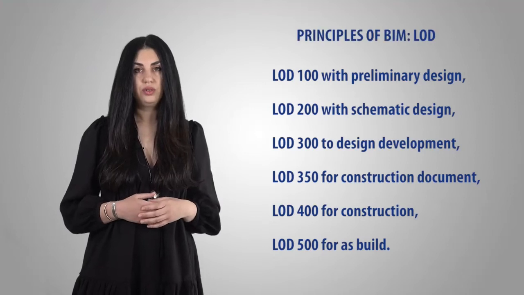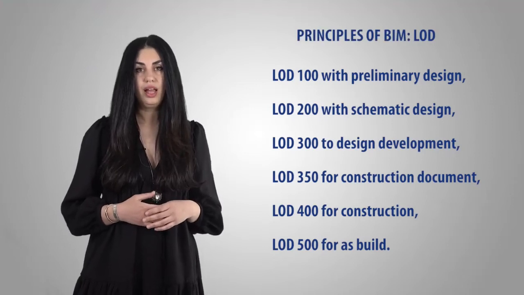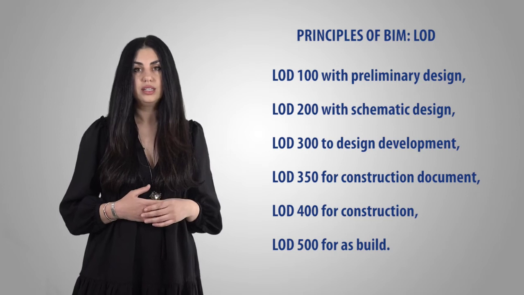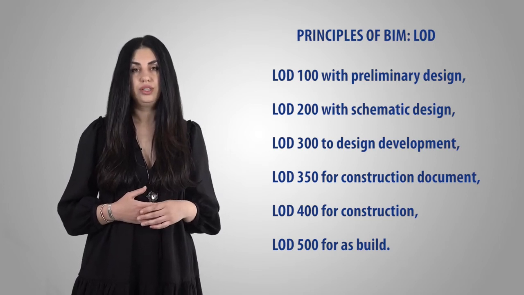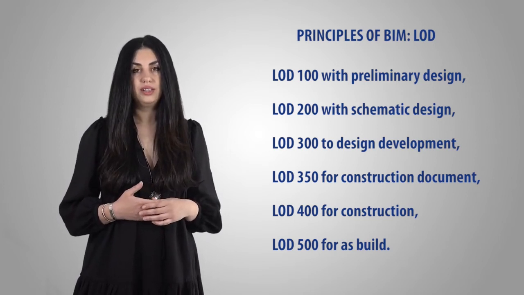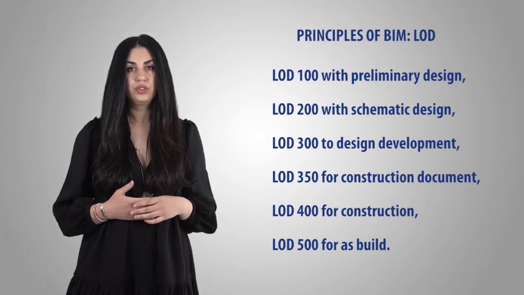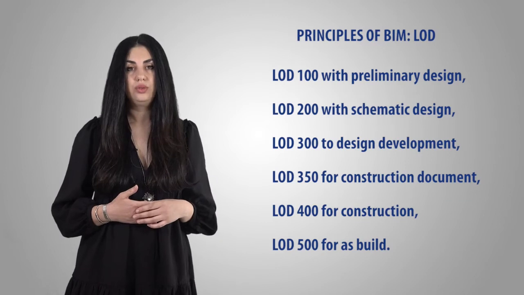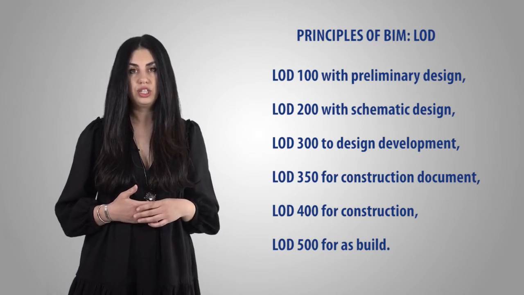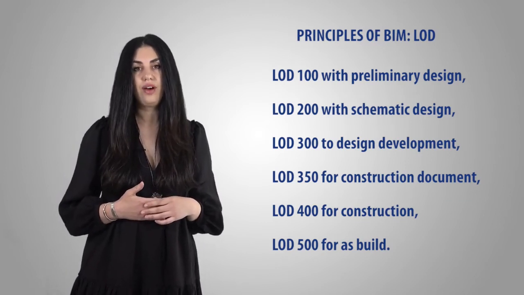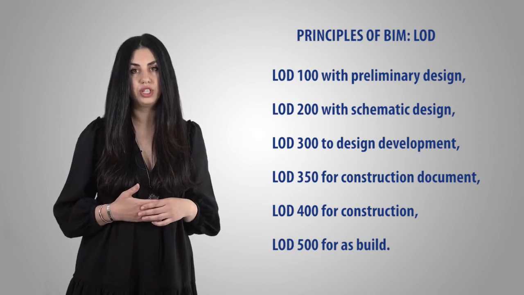LOD 100 with preliminary design, LOD 200 with schematic design, LOD 300 to design development, LOD 350 for construction documents, LOD 400 for construction, and LOD 500 for as-built projects.